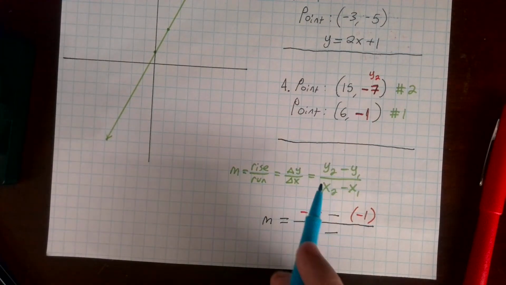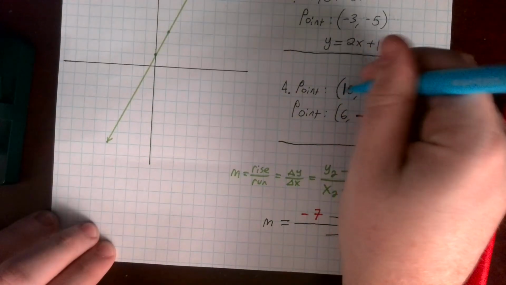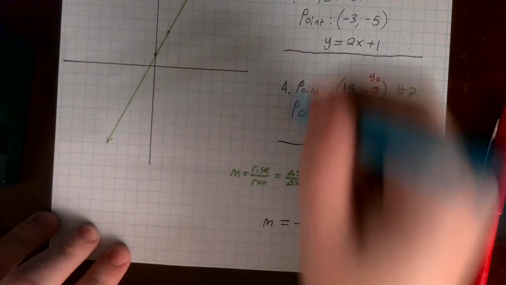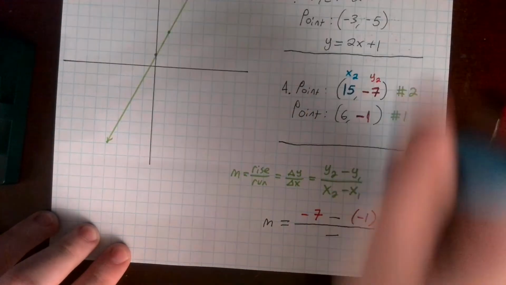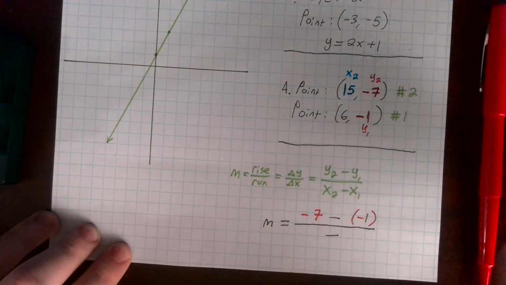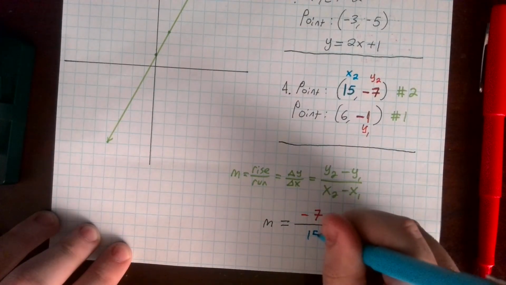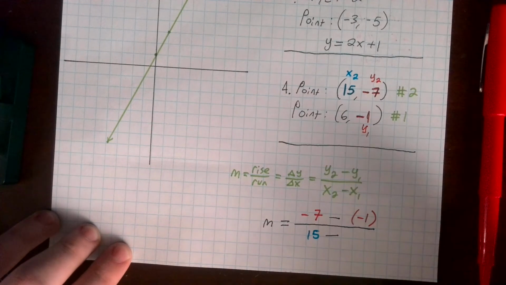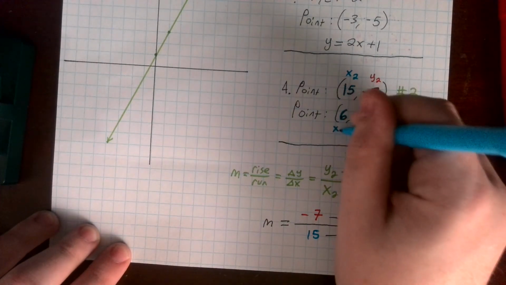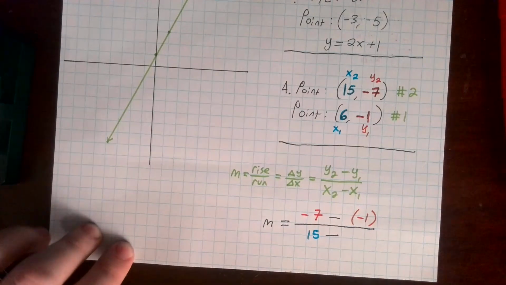Next, we need x2 and x1. x2 is 15, because that's the x value of point number 2. That's x2. Forgot to label this one, I apologize. So x2 is 15. And what's x1? x1 is 6, because that's the x value of point number 1.